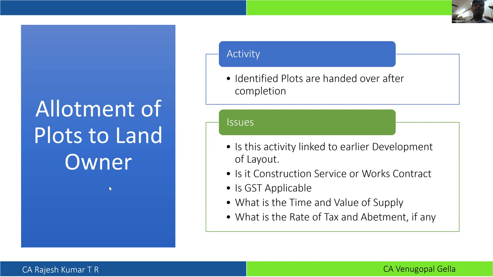So we cannot say the plots retained by the developer are work he has done for himself. He has received these plots in lieu of the work he has done. So the cost to be adopted is 100% and not 70%.